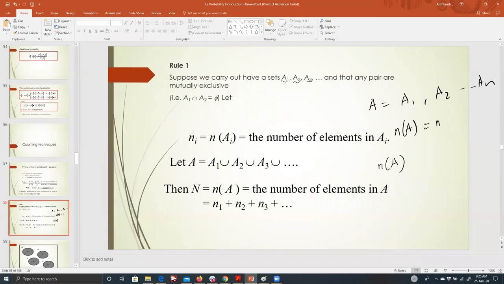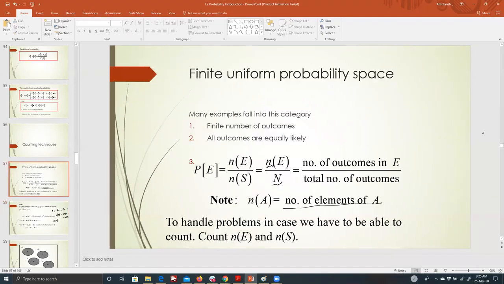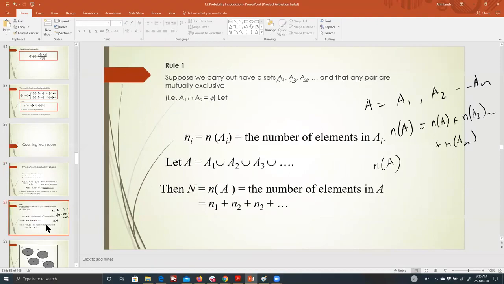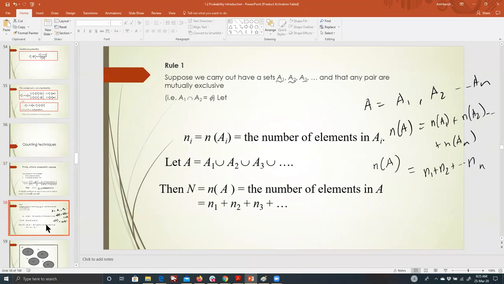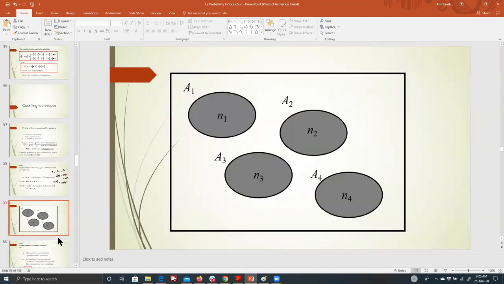You will simply add the number of A1 plus number of A2 plus number of AN. So it is N1 plus N2 plus up to N, okay? It's simple, right? Because all of them are mutually exclusive, so there is no common element.